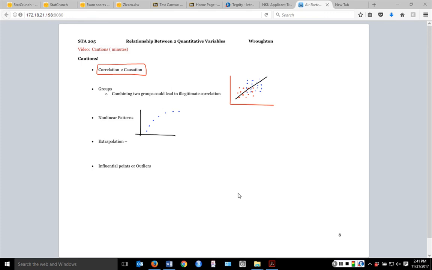It'll fit a straight line to it, and that doesn't seem to fit my pattern very well. It could still give me a correlation of 0.9, making me feel like that's a great correlation and there's a really strong relationship going on. Well, the problem is that you shouldn't fit a straight line to it in the first place. So we want to be careful about doing that.